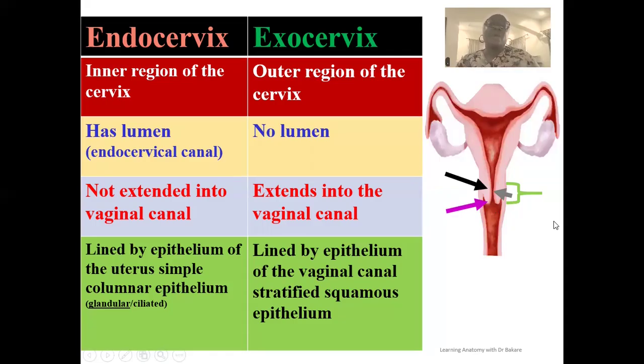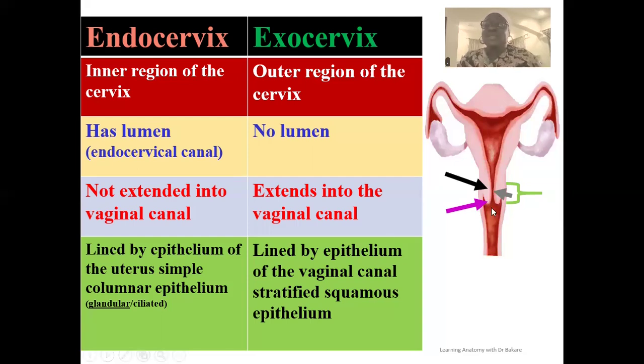Another difference between these two sub-regions is that the endocervix is not seen to extend into the vaginal canal. And this is understandable because the endocervix is this upper region, so it is not seen to extend into the vaginal canal, while the ecto or the exocervix is seen as a sub-region of the cervix that extends into the vaginal canal.